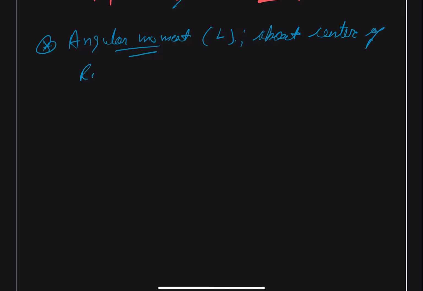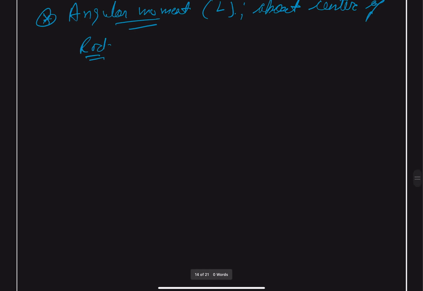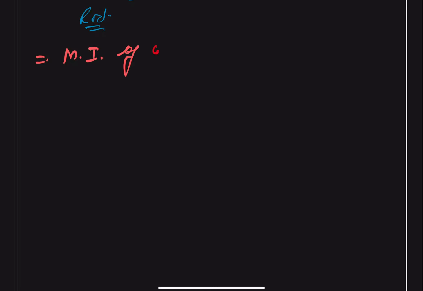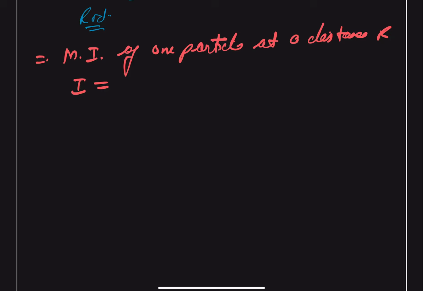The moment of inertia of one particle which is at a distance r from the center, we can write as I is equal to m r square.